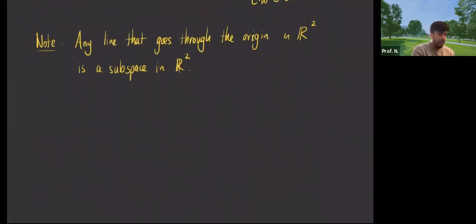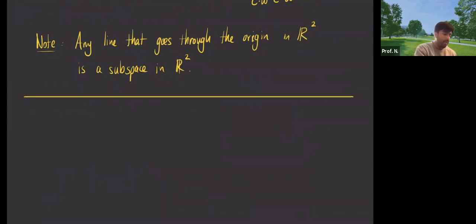So then a completely fair question would be, what would happen if my subset doesn't? What if I have a line that doesn't go through the origin in R2?